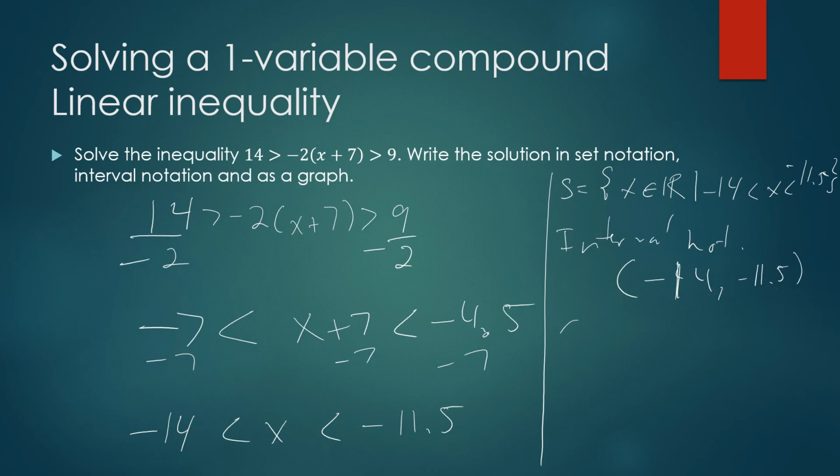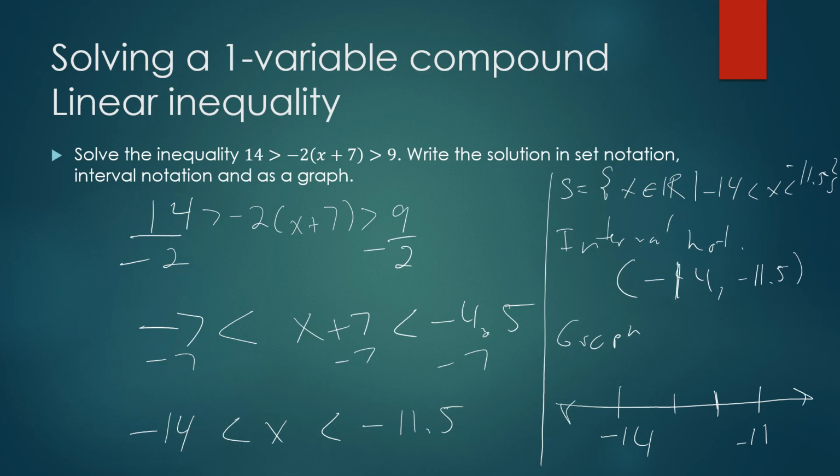Then finally, we want to find that graph. I'm going to have a number line, and I'm going to put negative 14 here, and then negative 13, 12, 11. So 11.5 is somewhere around in here. Now, since they're both open, we can tell that by the parentheses.